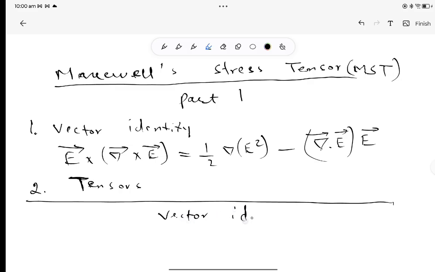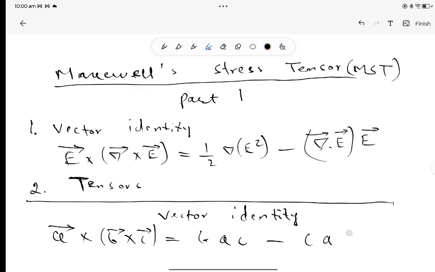You are perhaps familiar with the vector triple product, that is A cross B cross C, which is equal to that famous rule of back minus cab. Back means B A C, cab means C A B. Now this whole thing is a vector, because it is a cross product of two vectors.